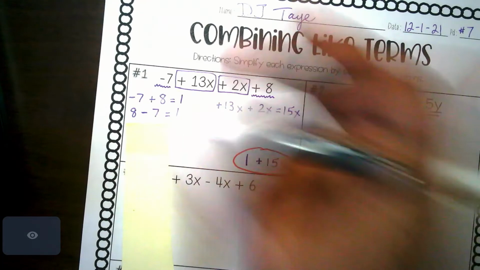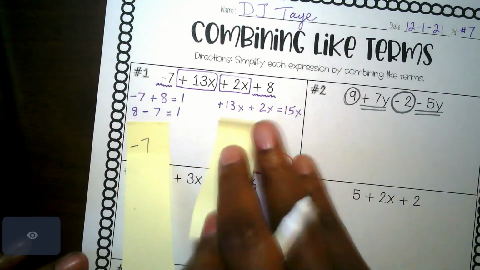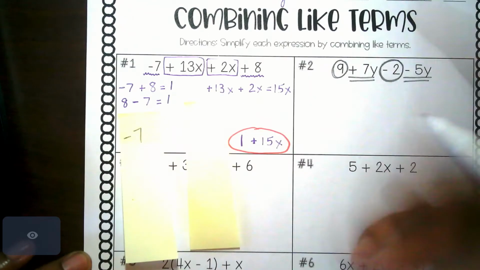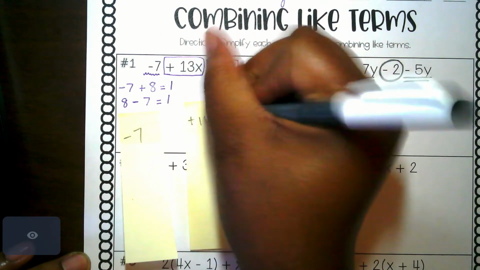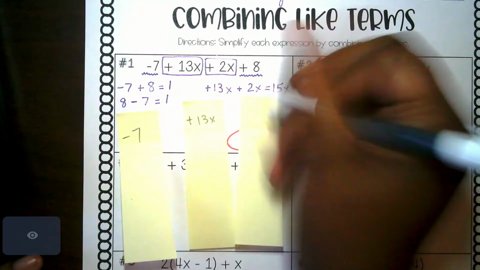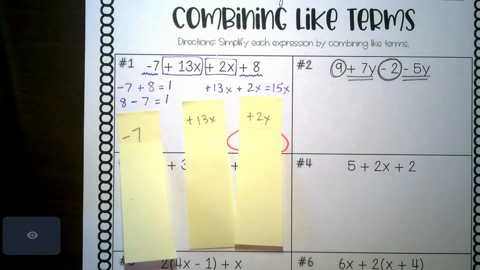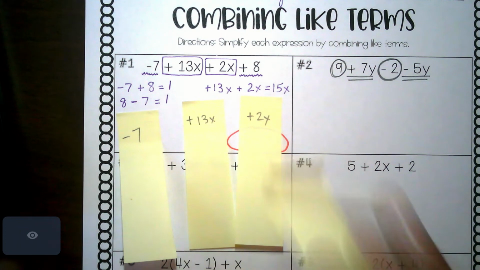So I have negative 7. I have a term that is plus 13x. I have a term that is plus 2x. And then we have a term that is a plus 8.